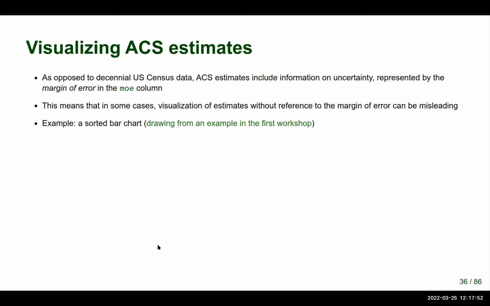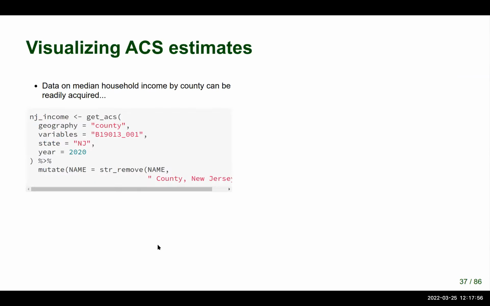So let's take an example of visualizing data without reference to uncertainty. And what we're going to be doing is grabbing data on median household income for counties in New Jersey. So we specify here geography equals county for the level of aggregation being counties. For the variable that we want, we're grabbing the variable ID code for median household income, which is B19013_001.